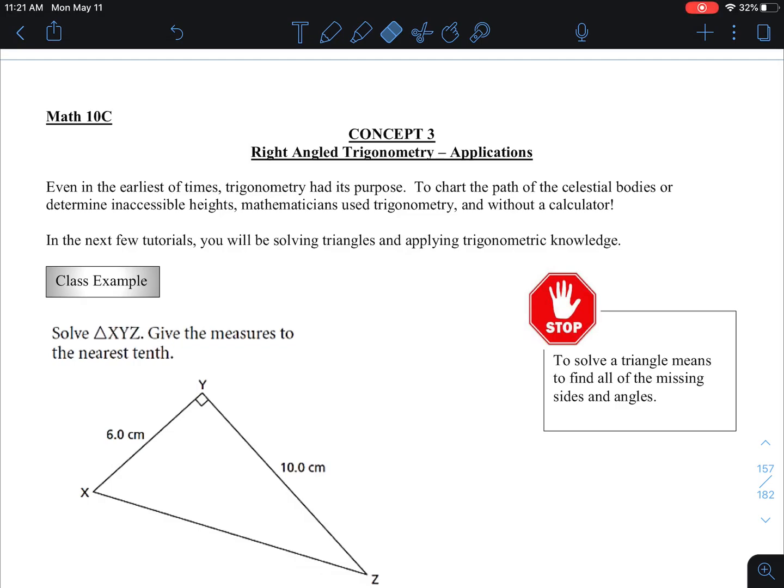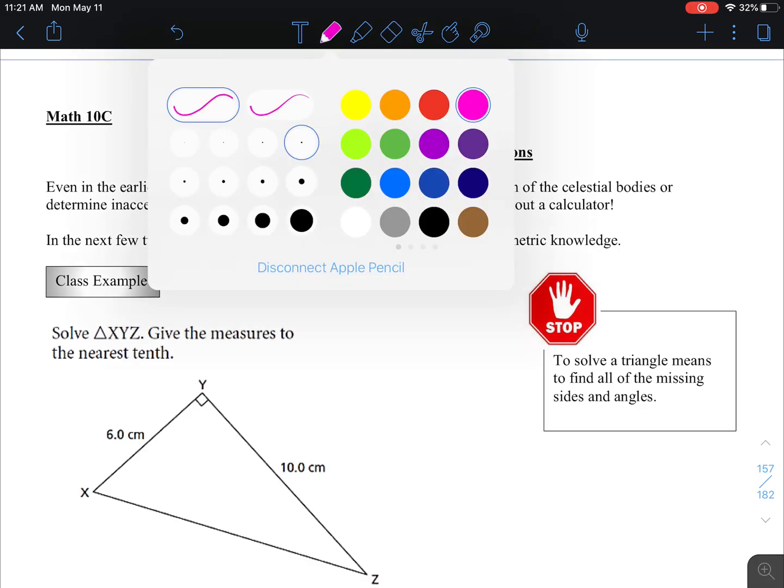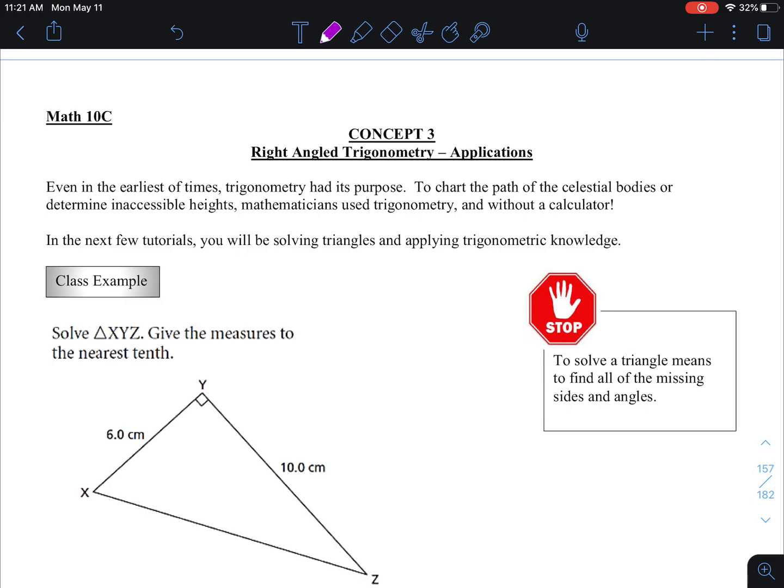Okay, guys, let's get going here on concept 3. So here's the idea. At this point, technically, you guys have learned all the skills you need to answer any trig problem you've come across. You know how to label a right angle triangle correctly.